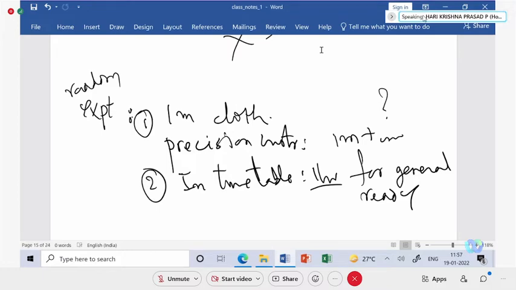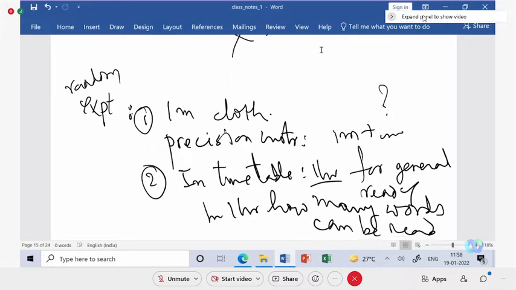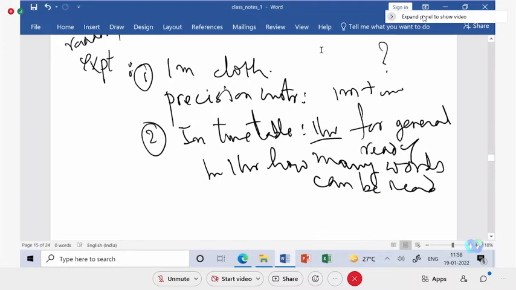In 1 hour, how many words can you read? N number of words. N can be 100, 1000, 2000, and so on, right? But that is a definite numerical value.